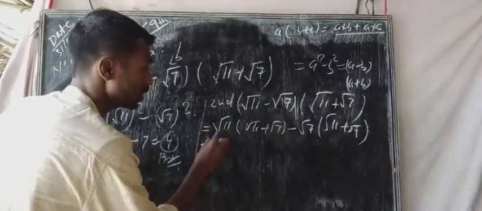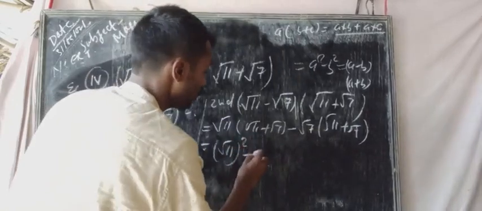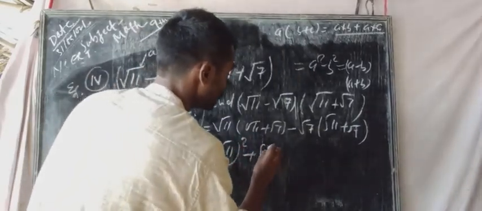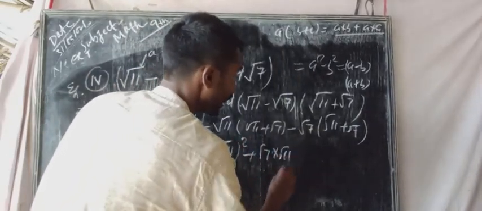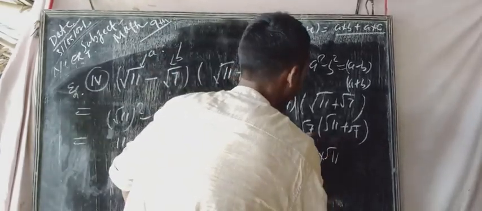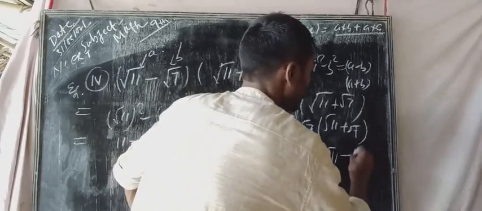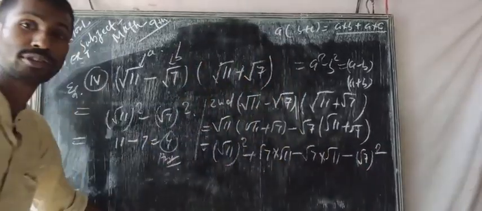So now the value is root 11 into root 11, that means root 11 का whole square, plus root 11 root 7, minus root 7 into root 11, और ये माइनस और ये प्लस, minus root 7 का whole square.